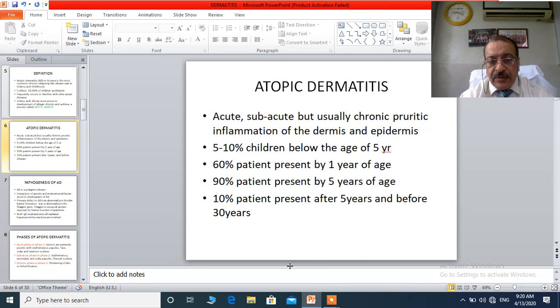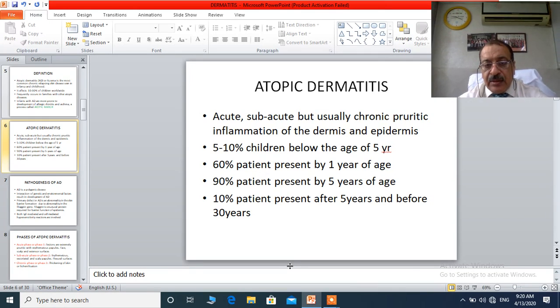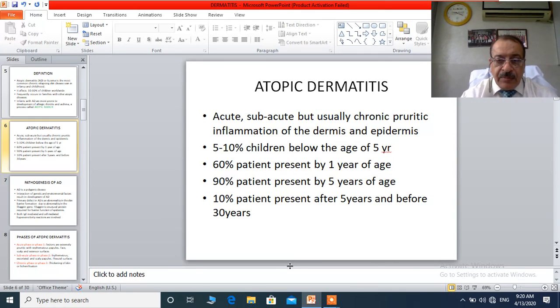Almost 60% of the children develop this condition before the age of 1 year, and 90% of the patients present with this condition before 5 years of age. The remaining 10% of the children present between the age of 5 years and 30 years.